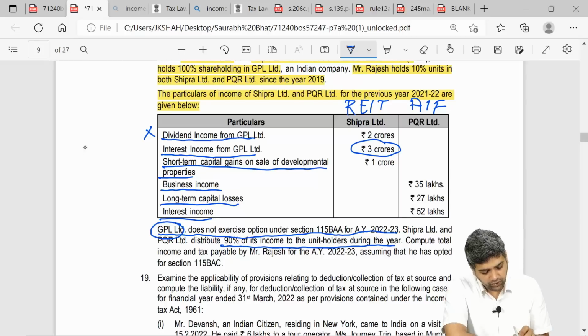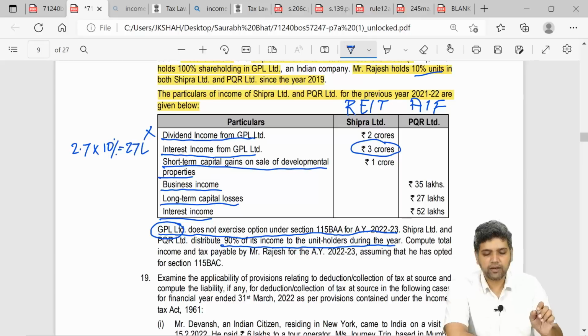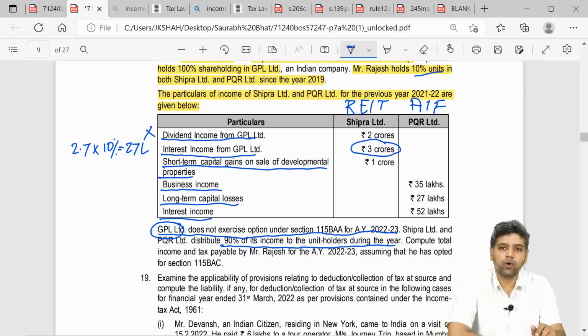So 90% of 3 crores is 2.7 crores and I am holding 10% of total units. So in my hands 27 lakhs would be the income arising on account of interest from SPV, which is passed through by the REIT to me, that is unit holder.